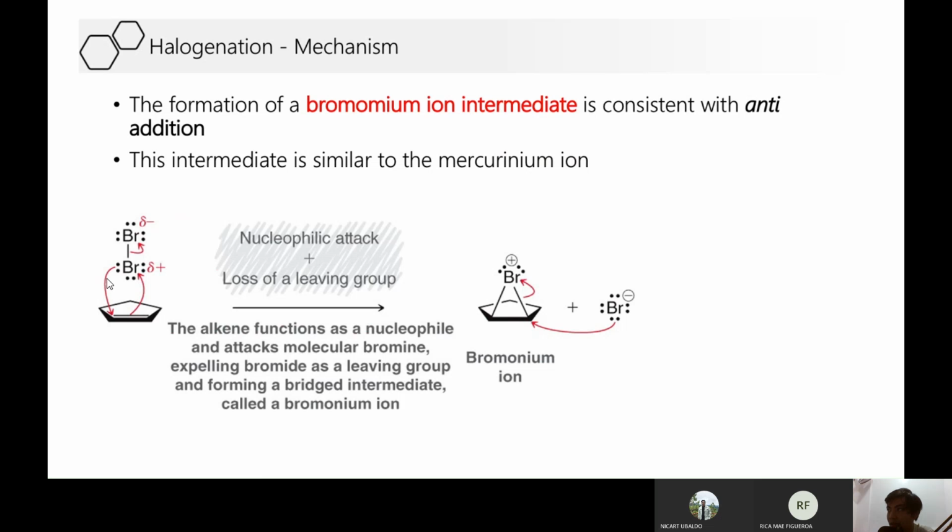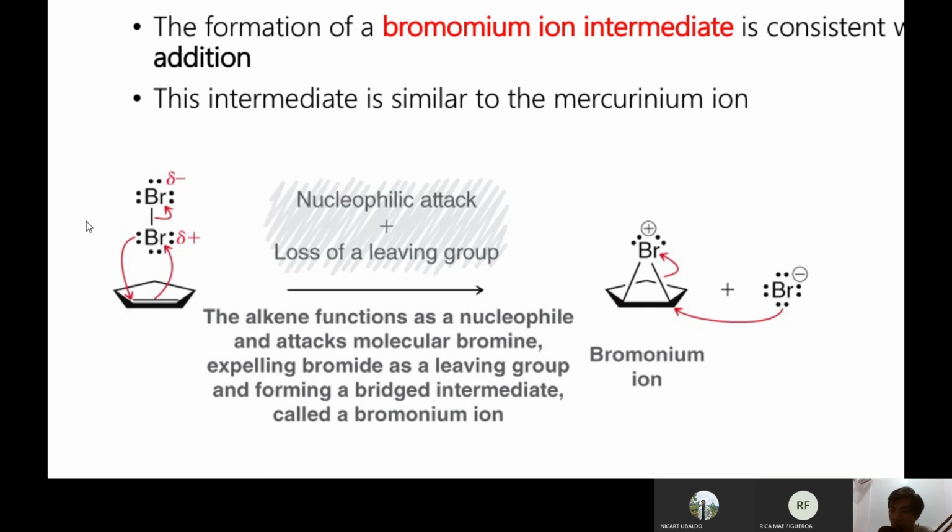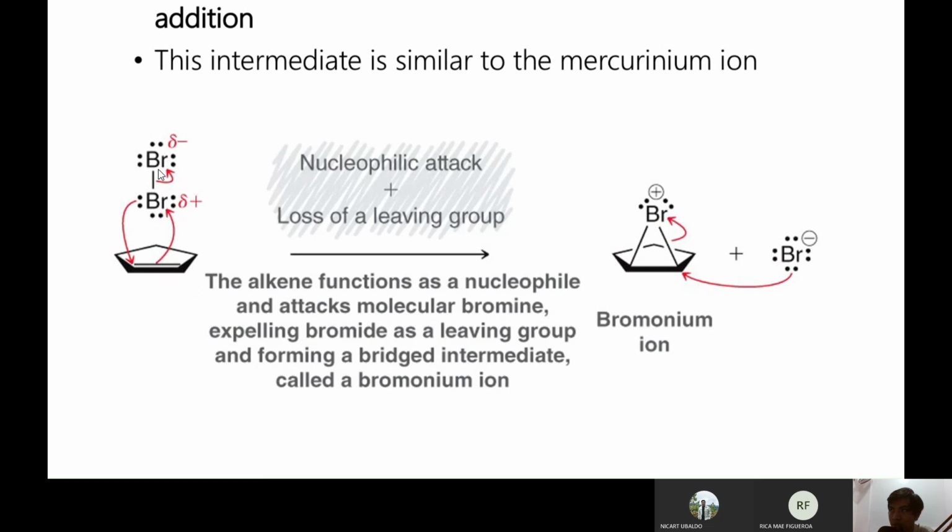Ano nangyayari kasi kapag yung ating halogen ay inatake ng double bond is this, no? So what we have here is this ito yung iyong halogen, aatakihin yan ng double bond. So ang magiging product niyan, so aalis itong isang halogen mo. Ang mangyayari diyan is magkakaroon ka ng bromonium ion or chlorinium ion, no?